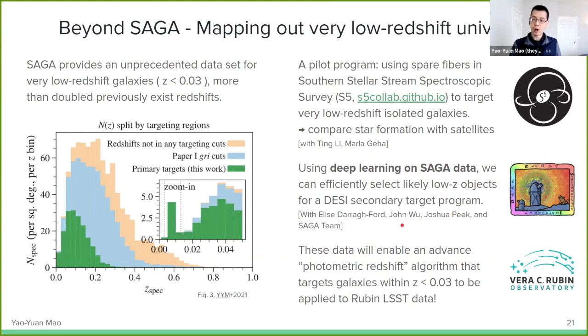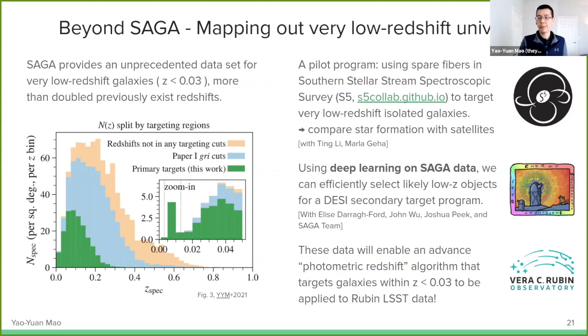In the future, I'm hoping to lead this program using the Vera Rubin Observatory LSST data sets. In particular, I'm hoping we can use the data we have collected through SAGA and DESI to develop something like a photometric redshift algorithm that works well in the very low redshift region. This has been very difficult for regular photometric redshift, not because of the algorithm, but because of the lack of training data.